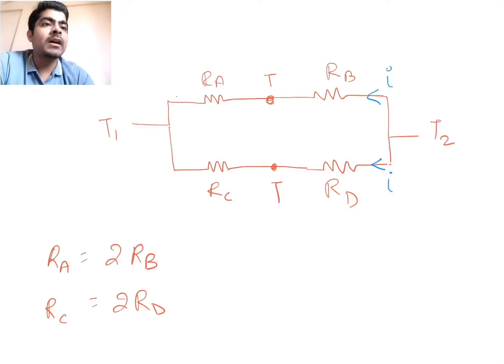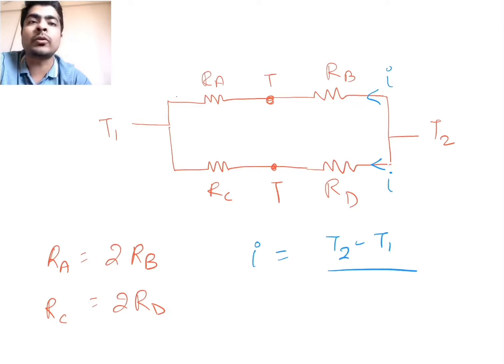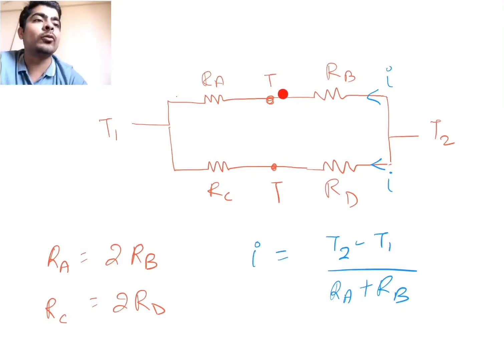Now we need to write the equation. Along this branch, Ra and Rb are in series. So we could easily write down that I will be T2 minus T1 upon the total resistance across the branch, that is Ra plus Rb.